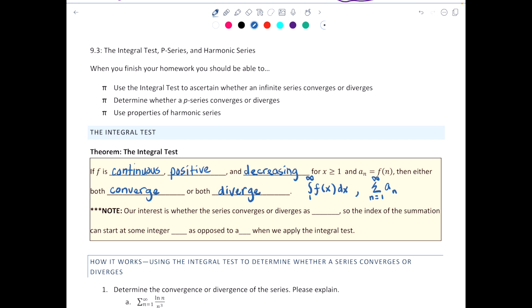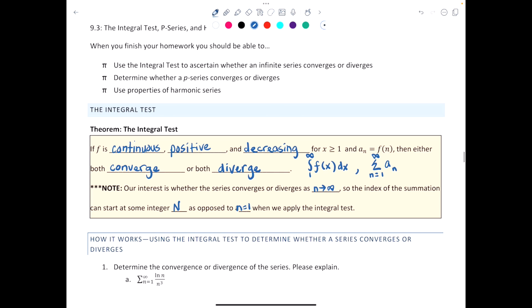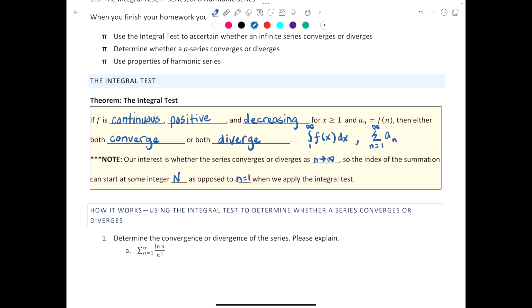Now, our interest is whether the series converges or diverges as n approaches infinity. And so the index of the summation can start at some integer capital N, as opposed to, sorry, there's a typo, n equal to 1, just as your f at x can start a little bit later than x equal to 1 as the bottom limit of integration.